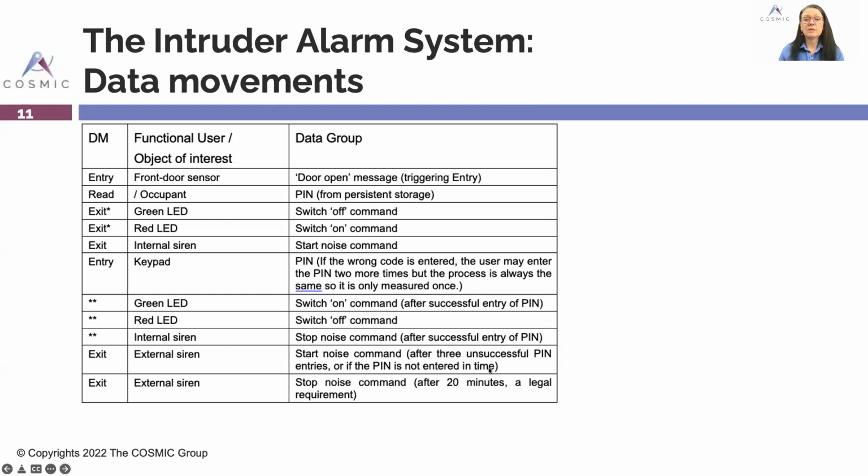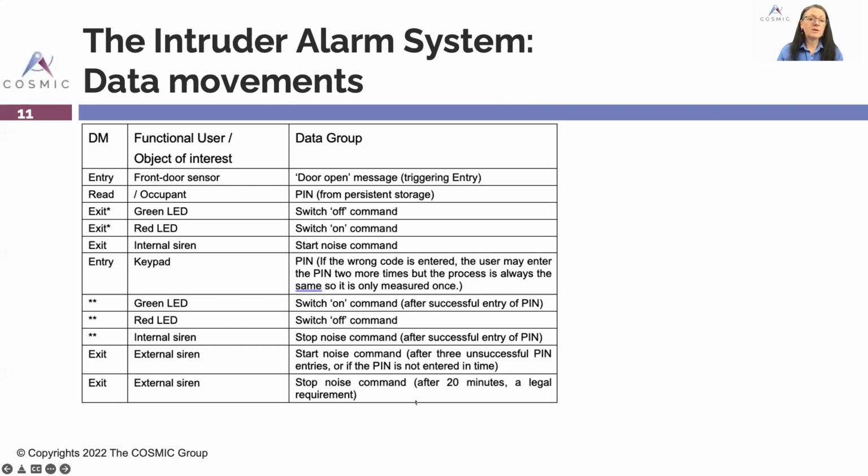What does that mean, in time? Well, after 20 minutes, well, it's not only 20 minutes, but that time has to be defined and coded. So it's a constant. Then after 20 minutes that the alarm has gone on, it needs to be stopped.